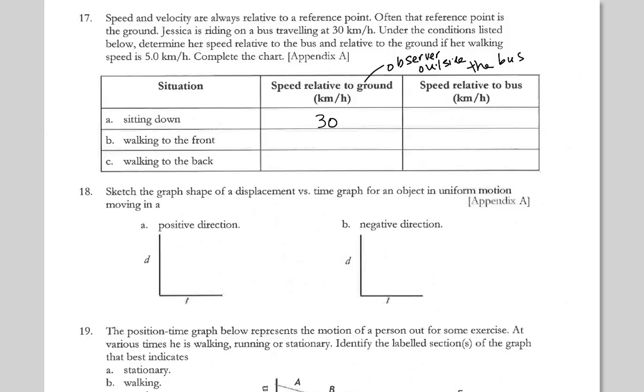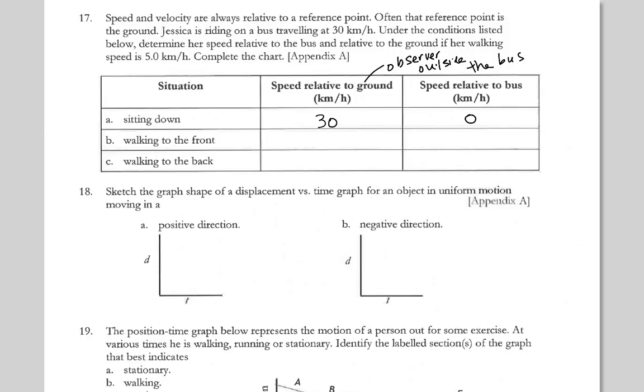He sees you going 30 kilometers an hour, whatever direction that is. So, relative to the bus, you're not doing anything. To the observer inside the bus, a guy looks over at you, you look over at him, you're not moving, right? That's common sense. But to an observer who's watching the bus, you are moving.